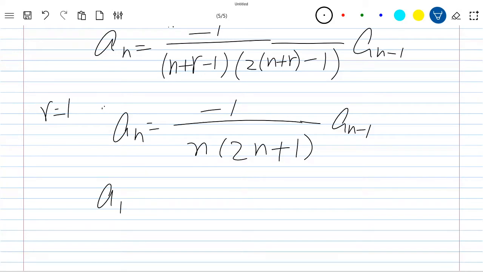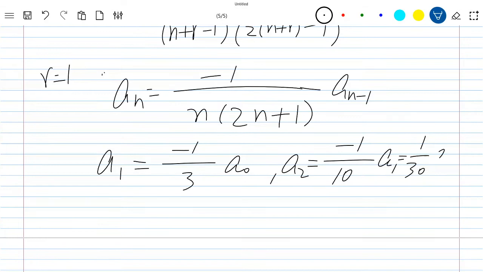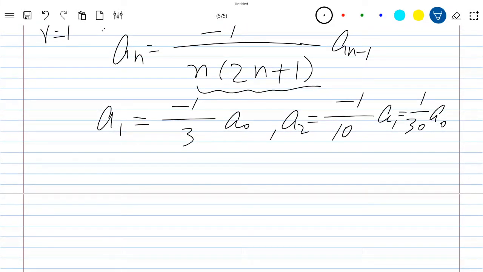N equals 1, you get 1 times 3, then a2 equals -1 over n equals 2, so it's 2 times 5, which is 10, a1, and that's 1 over 30, a0. And you can see the denominator will never be 0, so you can get all the a's.